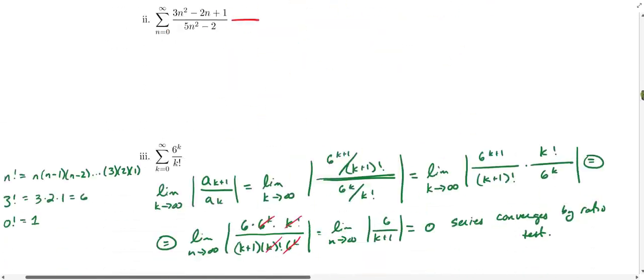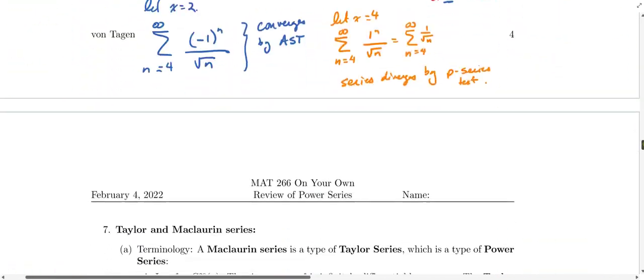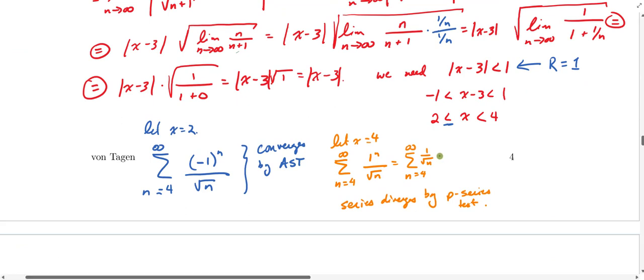In our case, if you want to write it so that the p-value is more explicit, we have 1 over n to the 1/2. Because this p-value is less than or equal to 1, we have divergence. And so for that reason, we don't include x equal 4 in our interval of convergence.